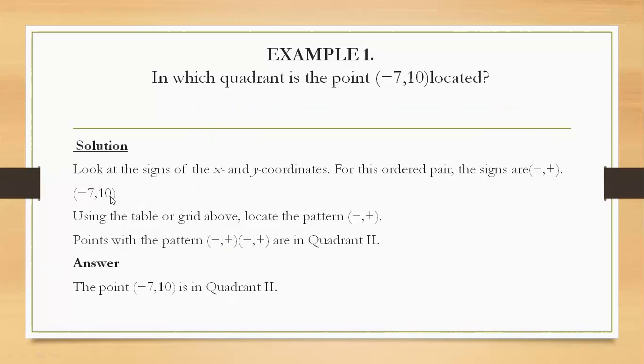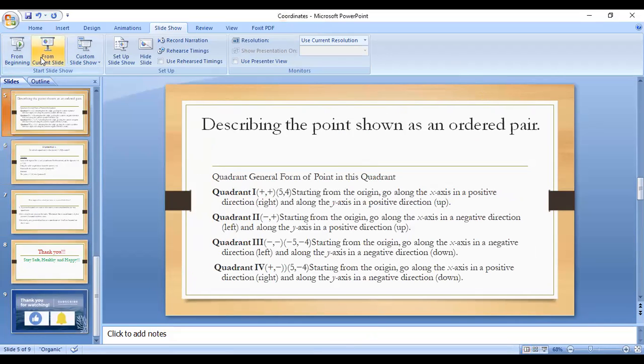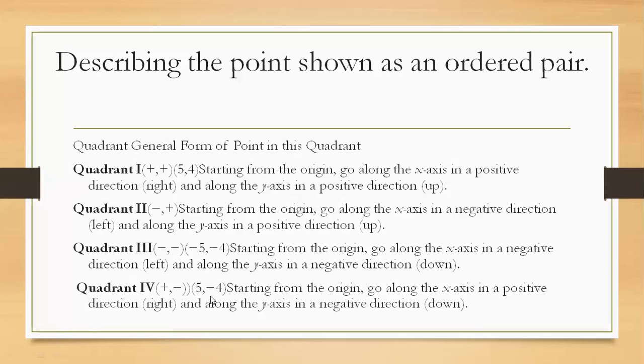Negative, positive. Okay. Also in this one both are negative, so it lies in the third quadrant. First positive, second negative, so it lies in the fourth quadrant. Okay.